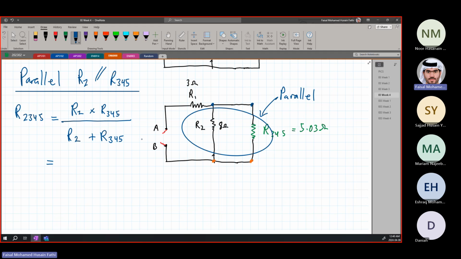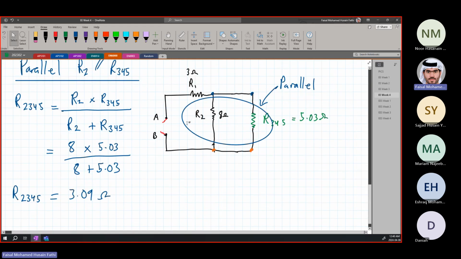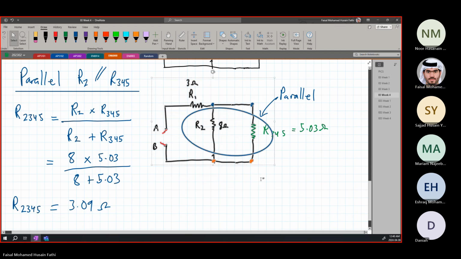So this is equal to R2 is 8, 8 times 5.03 over 8 plus 5.03. R2345 is equal to 3.09 ohms. All right.